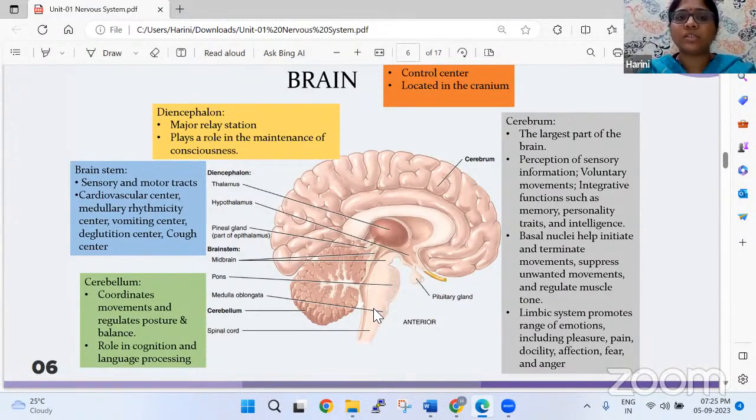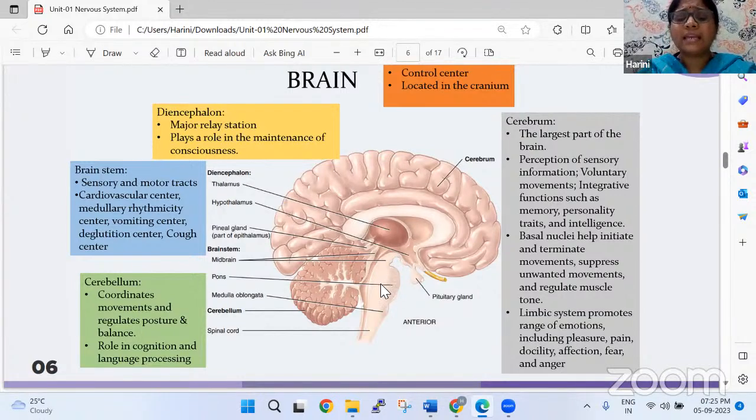You all know the vital actions. The major vital actions are heartbeat and breathing. All these actions are mainly controlled by the centers present in the medulla oblongata. Next comes the pons. The pons is just superior to the medulla oblongata and inferior to the midbrain.